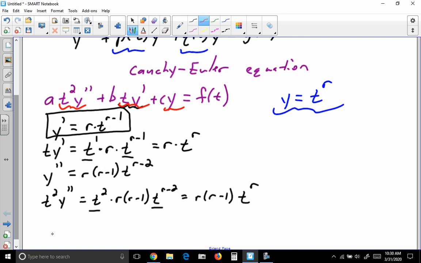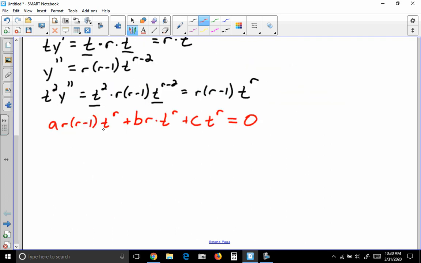We're going to have a r times r minus 1, t to the r, plus b, and for t y prime, we put in r times t to the r, plus c times y, which is t to the r, and we're going to do the homogeneous.